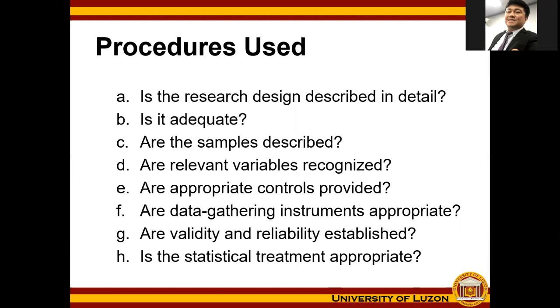But if the data is either interval or ratio, then we would choose the parametric type. Like for example, we have the Pearson product moment coefficient of correlation.